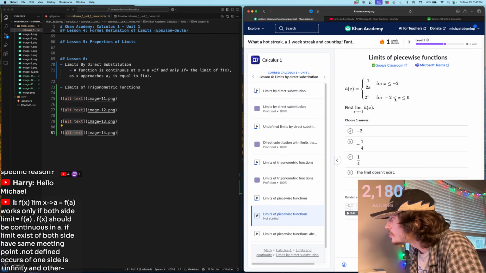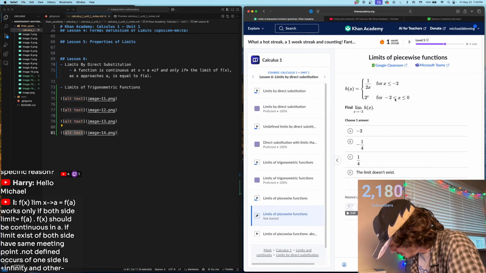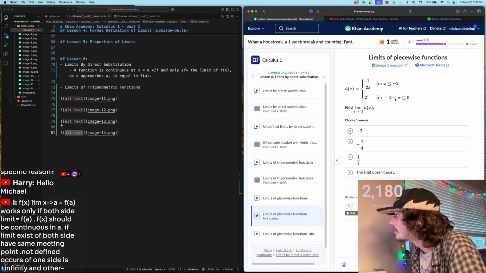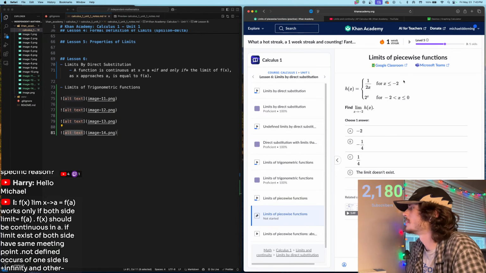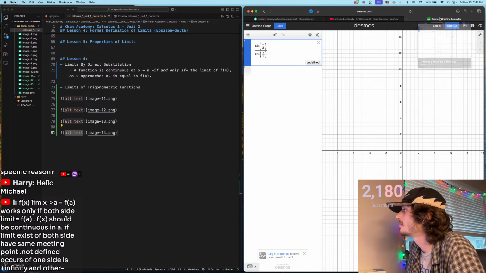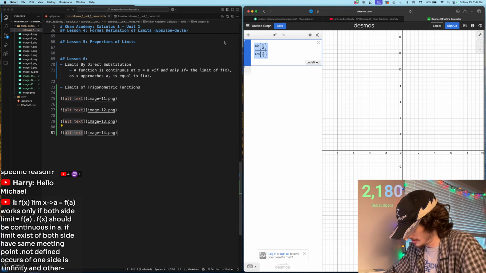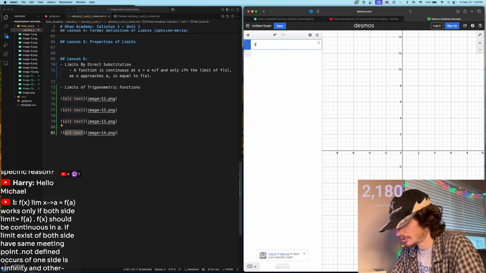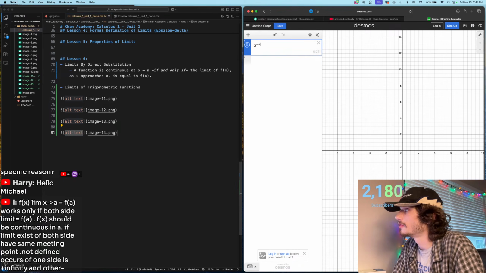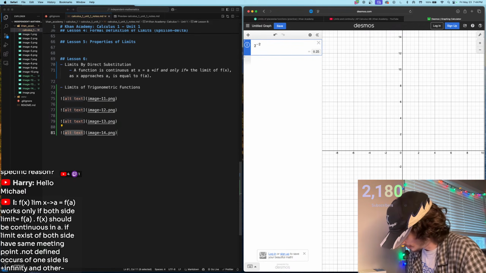And then we have 2 to the power of negative 2, which is 1/4, positive.